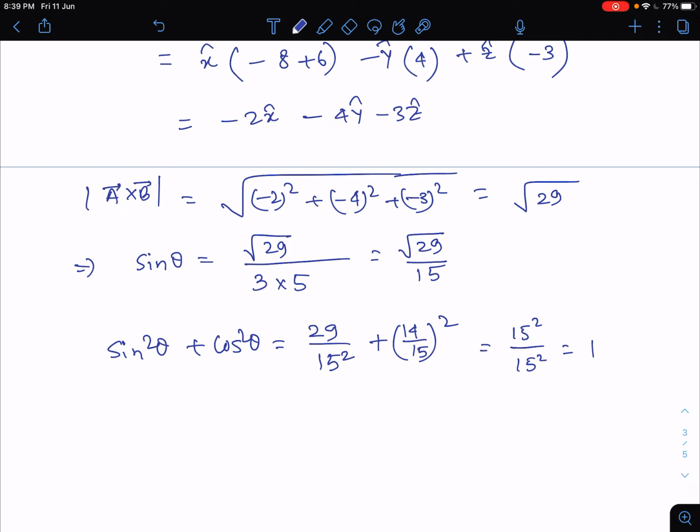If you calculate the theta value in the calculator, sin theta is root over 29 by 15, so theta is close to 21.03 degree.